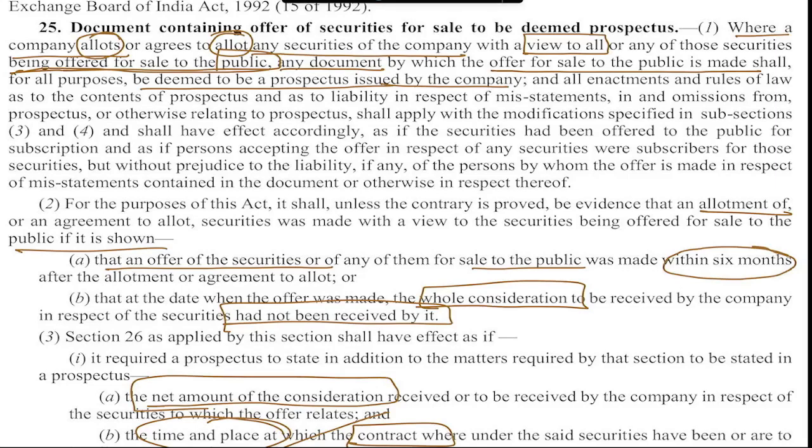Evidence of offer for sale under section 25. Underline that. Write down. Offer for sale to the public shall be completed within 6 months of allotment.